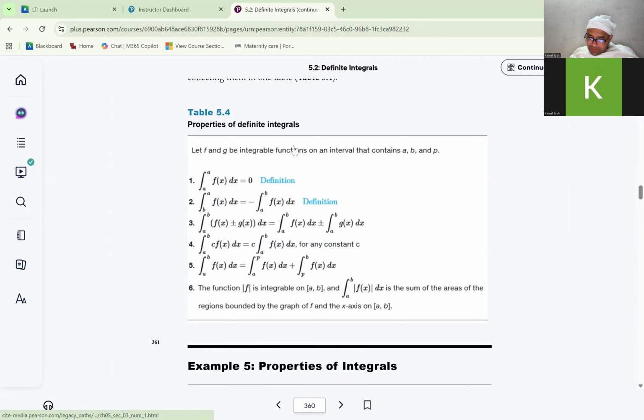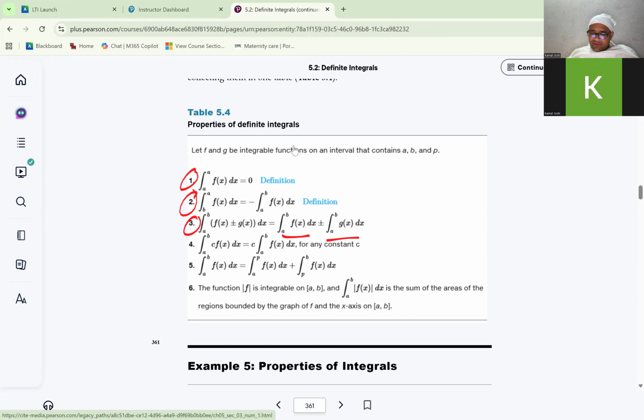So here is a table or list of properties. The first one we discussed: the integral from a to a is 0. The integral from b to a is the negative of the integral from a to b. The third property says that if you have two functions f and g, adding or subtracting, you can do them individually, like in limits or derivatives.